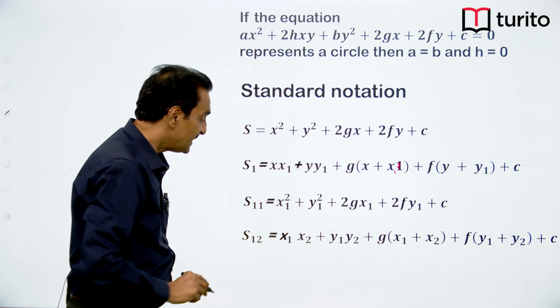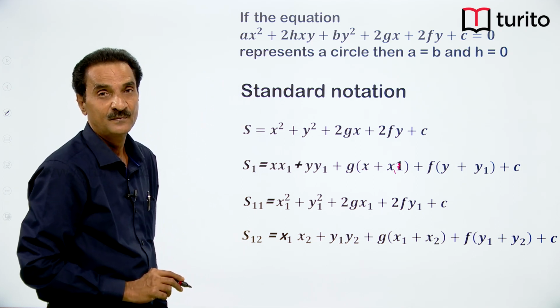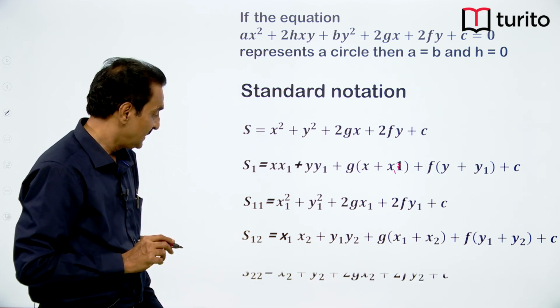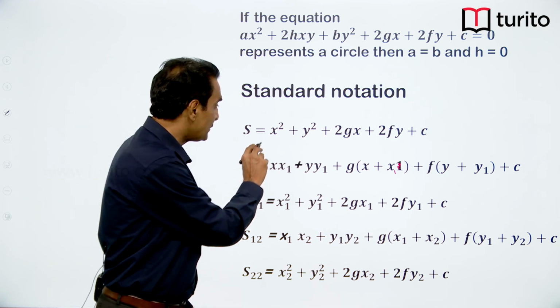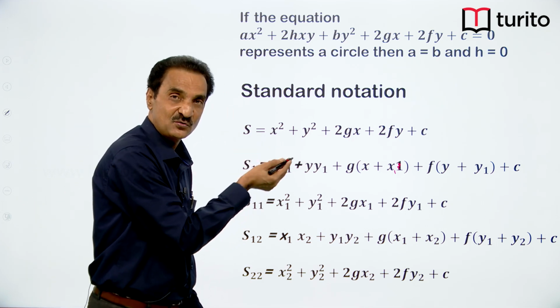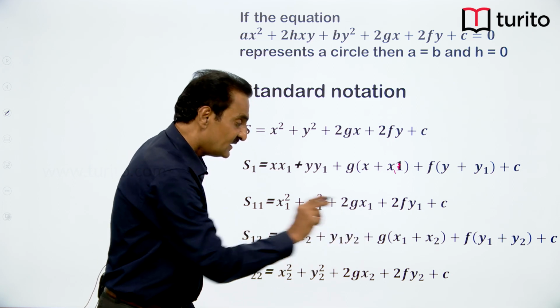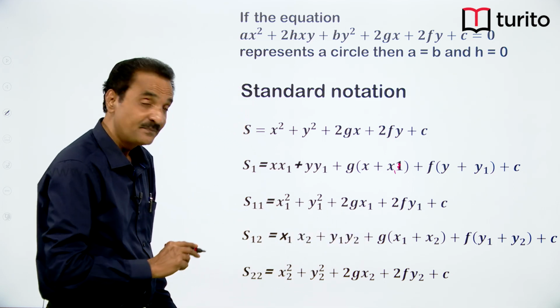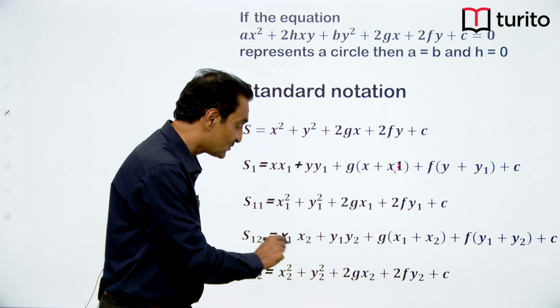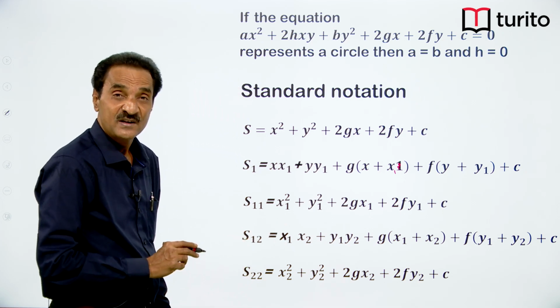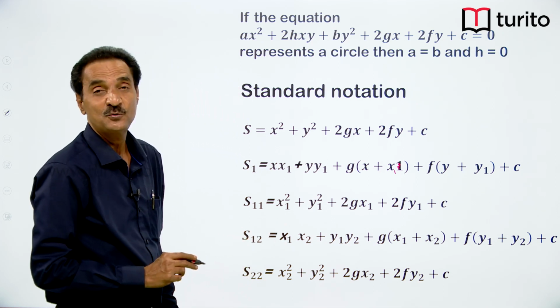It is denoted by S12. If you change both x's to x2, both y's to y2, then you will get S22. It is x2 square plus y2 square plus 2gx2 plus 2fy2 plus c.